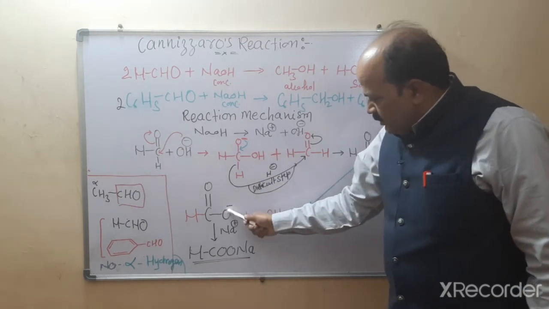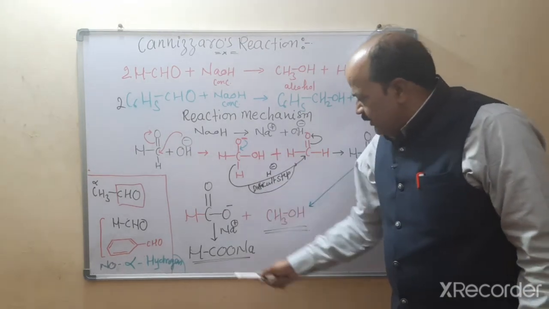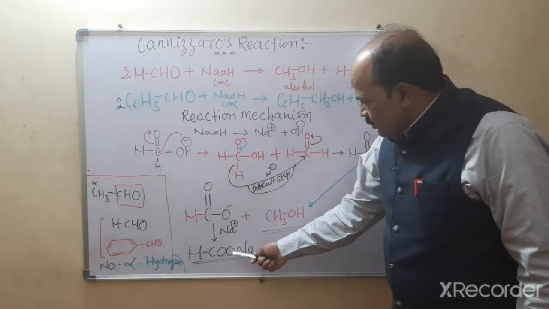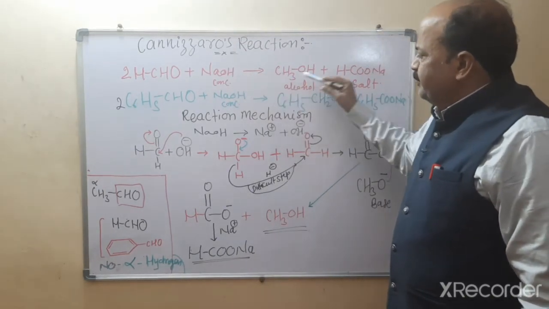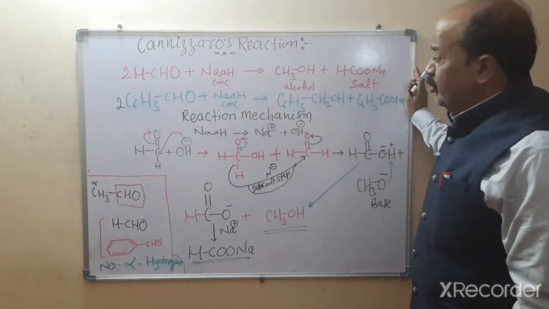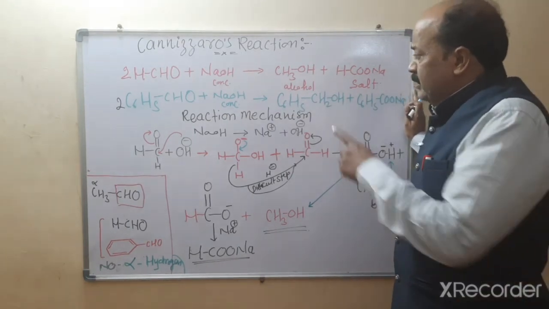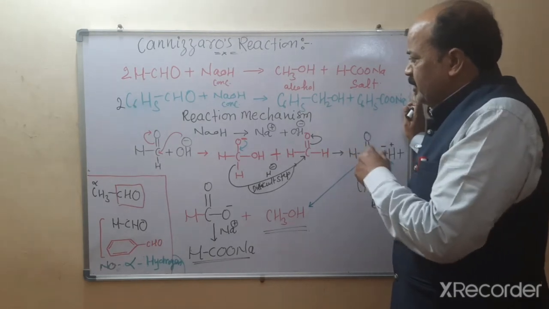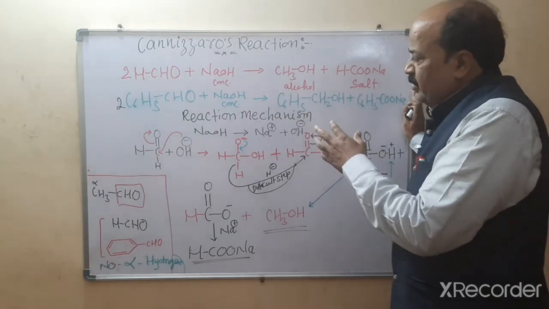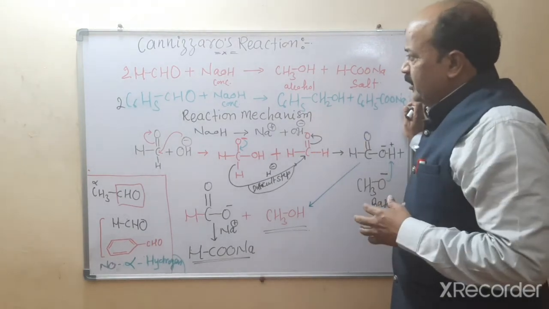That will react with this and form sodium formate. So this is your sodium formate. In place of NaOH, we can also take concentrated KOH. So in the presence of concentrated NaOH and KOH, this will follow third order kinetics.